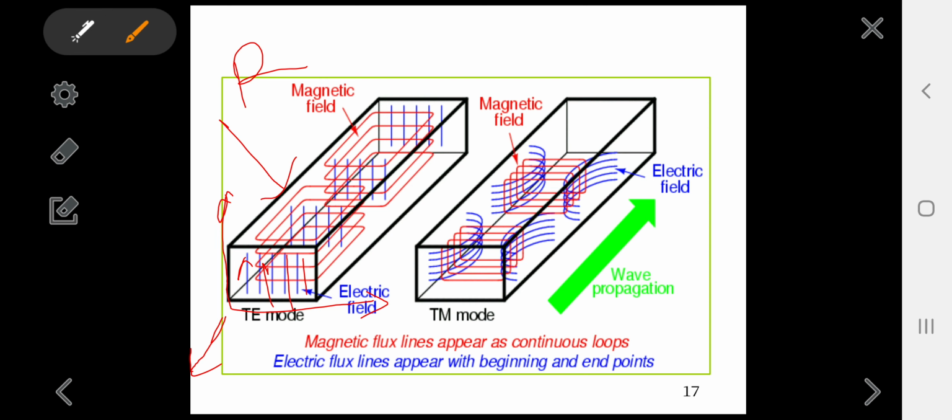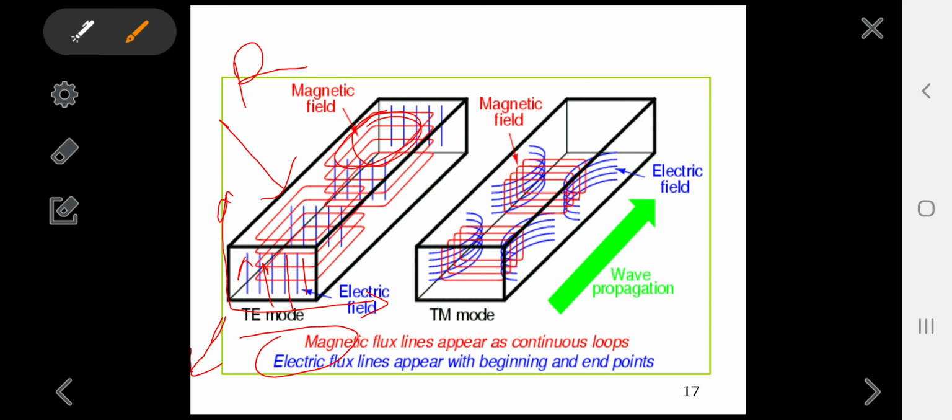this red line represents the magnetic field. So the magnetic field is along this plane. The pattern is like this only.